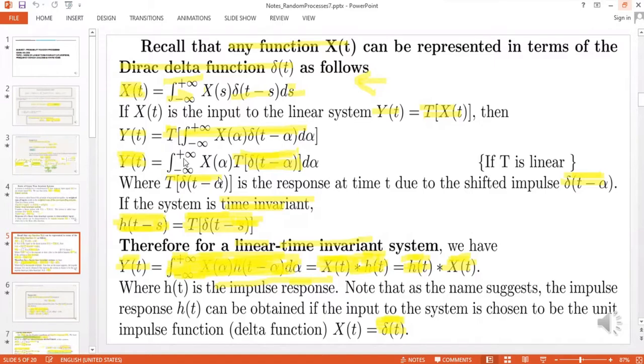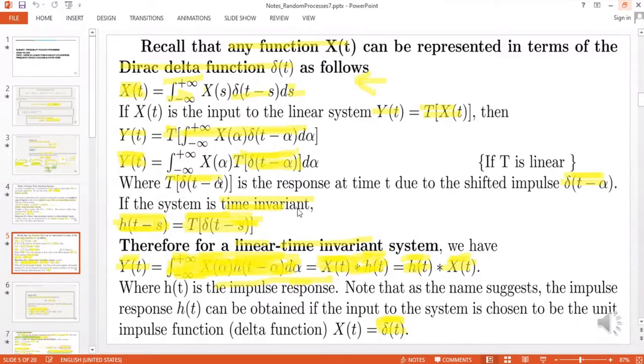Then again the transformation T goes inside, because T is the transformation on the time variable, and so x(alpha) remains outside. Then the transform of delta(t minus a) is the response at time t due to the shifted impulse delta(t minus a).